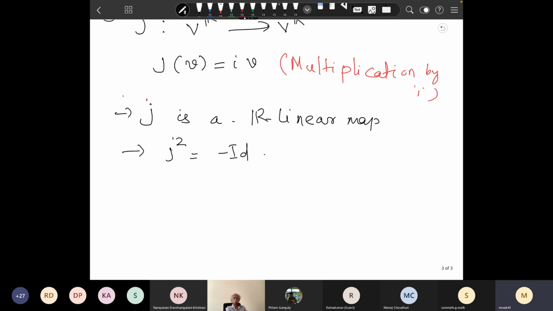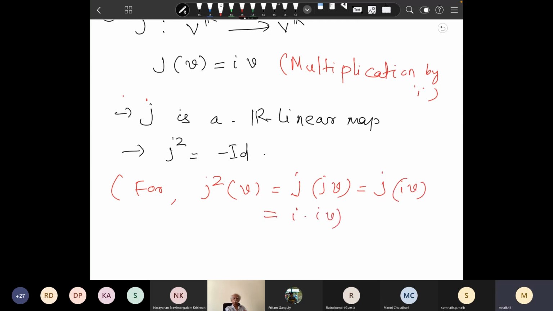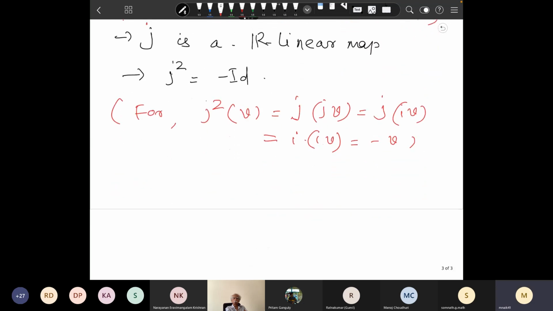Checking this: J square of v is J of Jv. J of Jv is nothing but J of i times v, which is i into i v, that is i square v, which is minus v. So what I am getting is that this J is a complex structure on V^R.